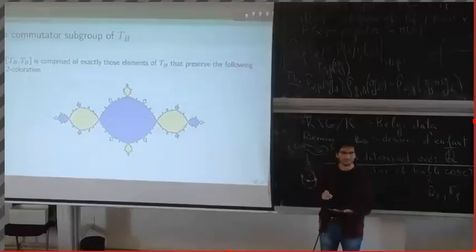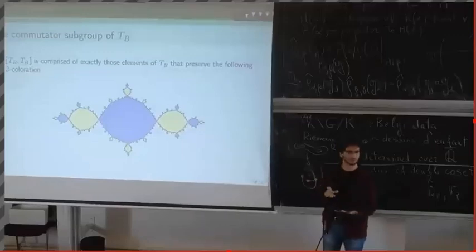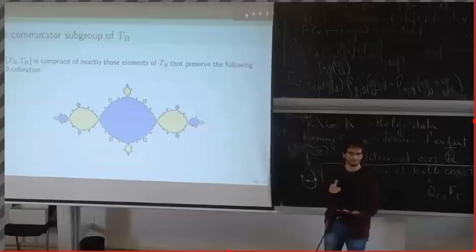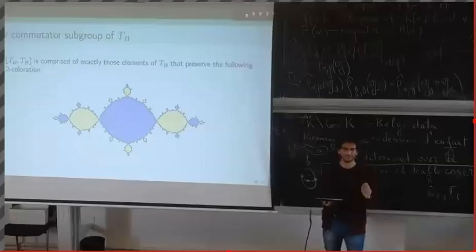And this doesn't only look pretty. It should also tell you how much we know about these commutator subgroups. And this is probably part of the reason why we were able to tell that they are simple in a fairly almost easy way, as you'll see. There is a very similar characterization for the commutator subgroup of TA, but it is a little more involved. It essentially consists of studying the extremes of the airplane.